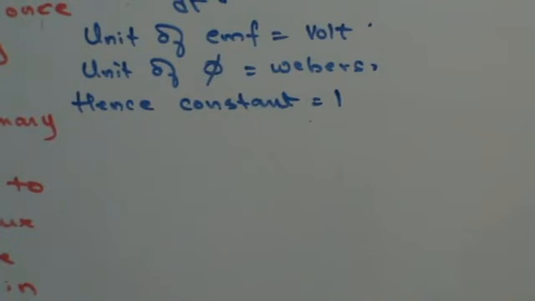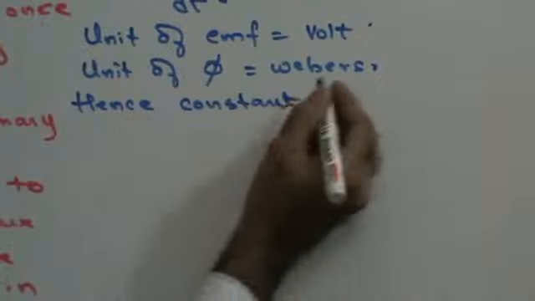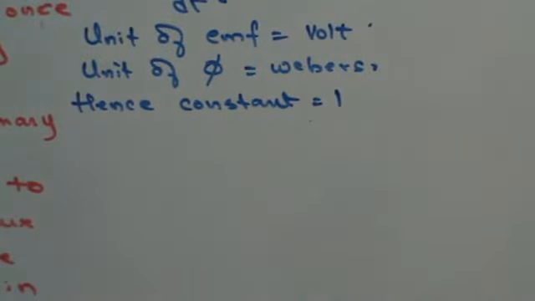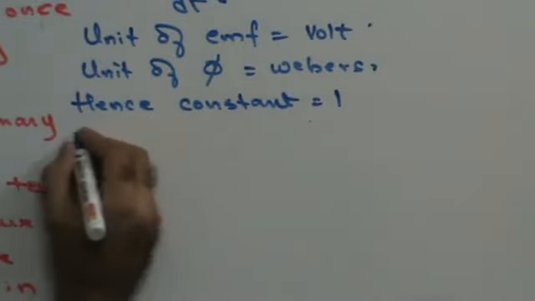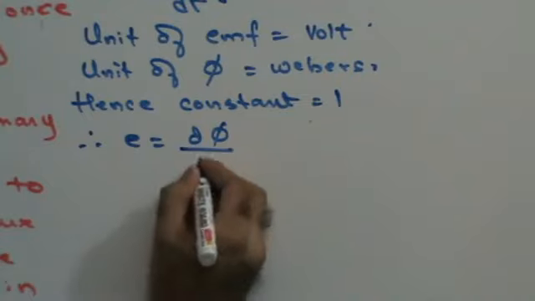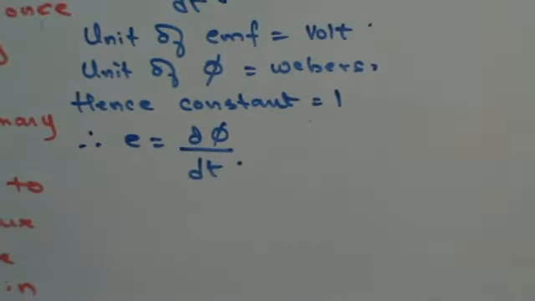Webers per unit time will give you volts only. Hence, the constant will be unity, and therefore I can say E is equal to d phi by dt, since K will be equal to unity, right?